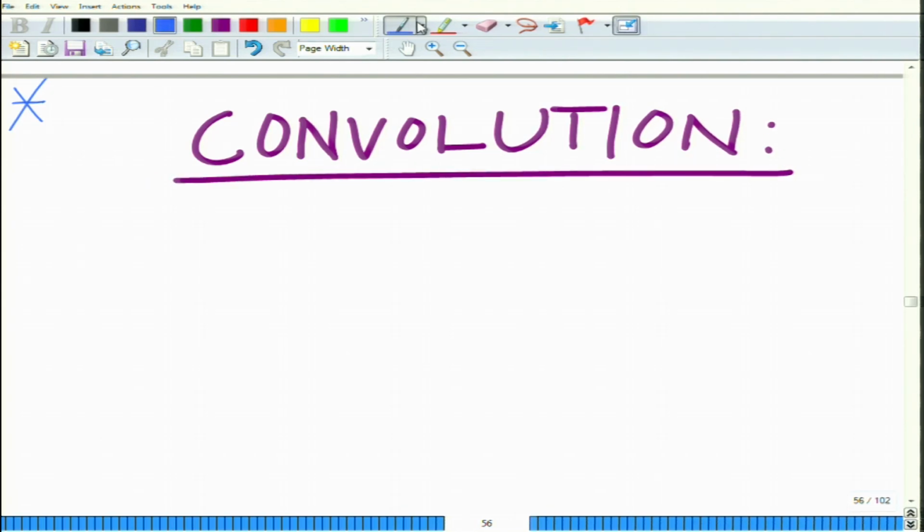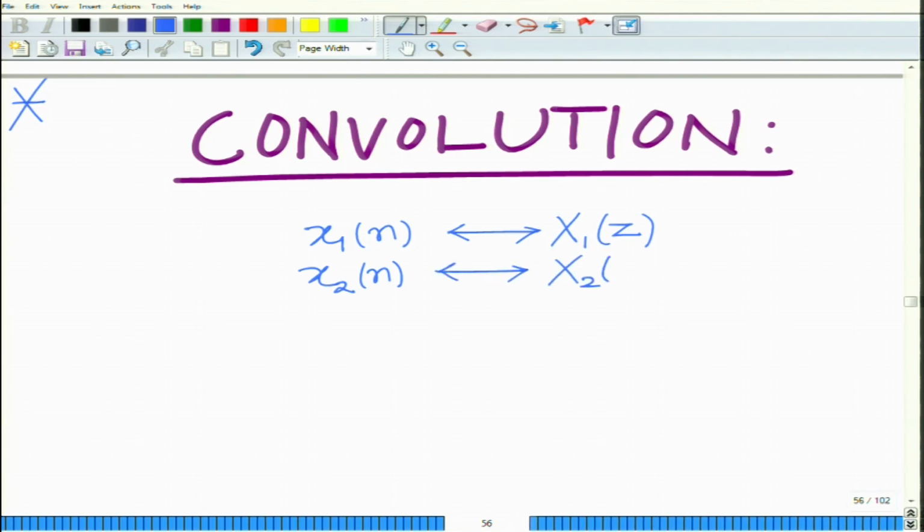Remember, the convolution of two discrete time signals can be defined. Let us say we have two discrete time signals x1 n which has Z transform x1 z, and another signal x2 n which has Z transform x2 z.